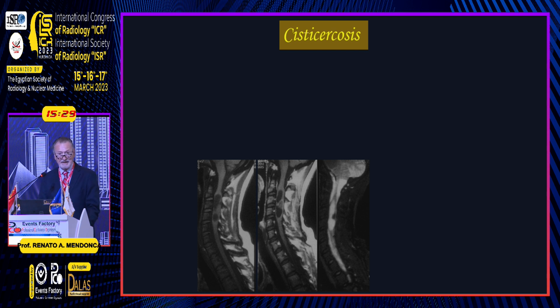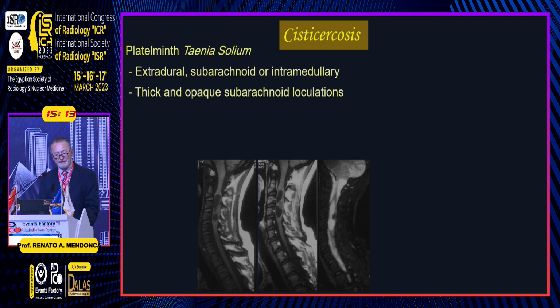Cysticercosis, again, we naturally didn't make this diagnosis of cysticercosis on imaging. I particularly thought it was an ependymoma, which is much more common with this kind of aspect, but it is the platyhelminth Taenia solium. Thanks to Islam, you are free of this.